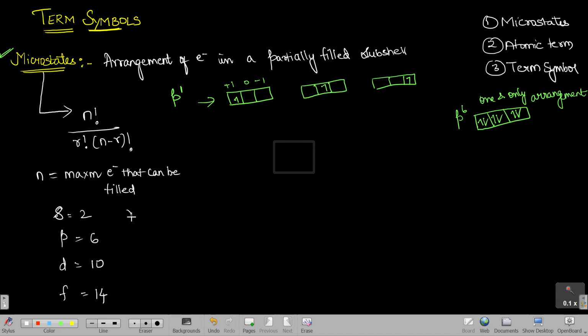Now r is equal to the number of electrons that are occupied. In this case I have given you the number of electrons occupied as 1. So the r value you will take as 1, and the n value, you know that here 6 electrons can be accommodated because it's a p orbital. So this is a straightforward formula to find out the microstates. Let us do an example.